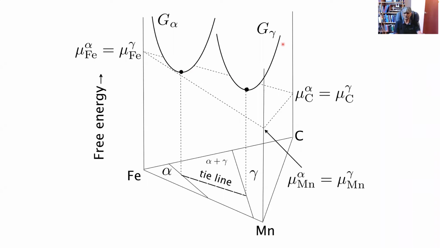And instead of a common tangent, we have a tangent plane here, which touches both of those surfaces. So imagine 2 footballs and you touch a plane to both of those footballs. There will be contact points, which when you join will give you a tie line where the 2 phases are in equilibrium, even though their compositions are different.